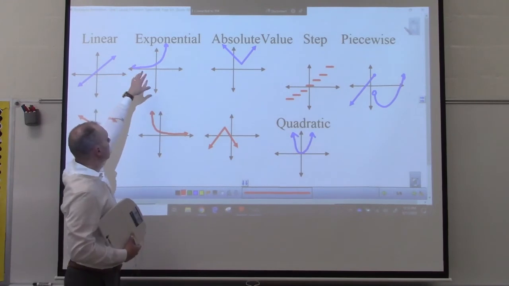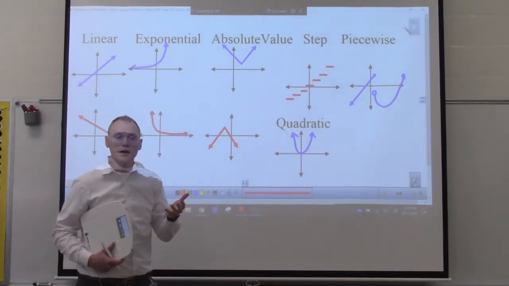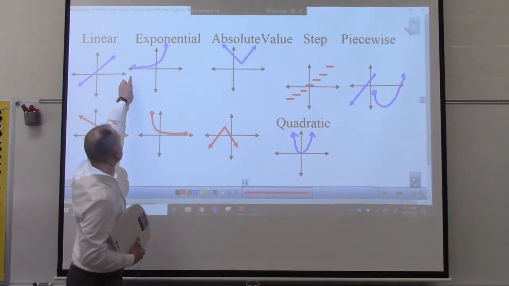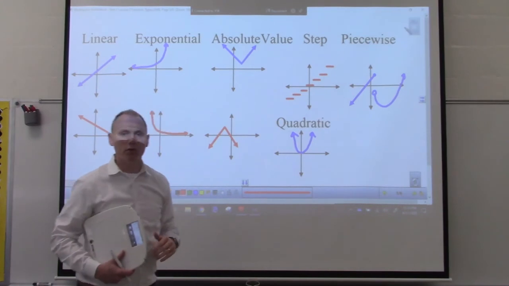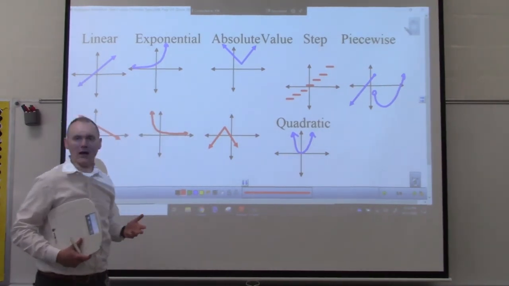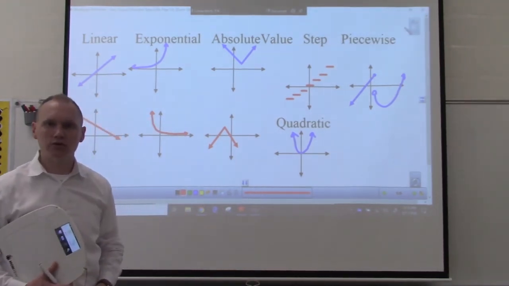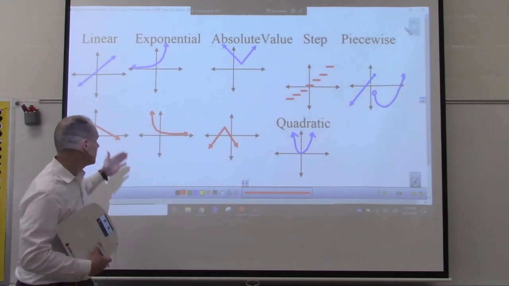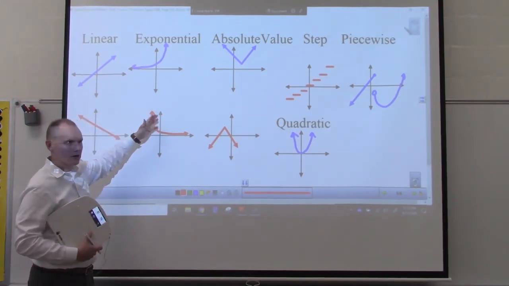And then exponential can be exponential growth, like we saw in the population, right? It continued to grow, and then it gets quicker as we go forward. Or you could have something decaying over time. A lot of things in the natural world decay over time, and so it decreases by a certain percent every year or something.